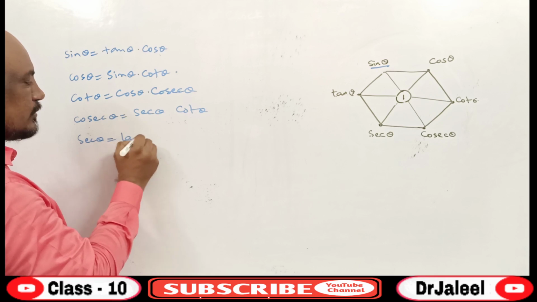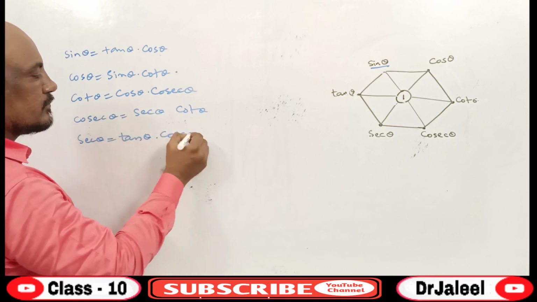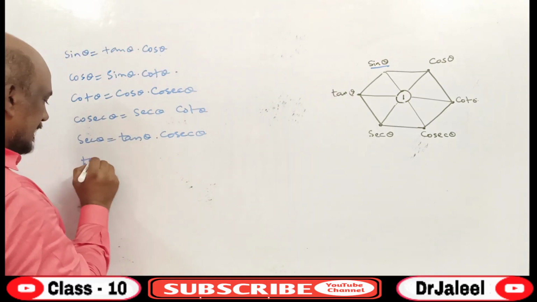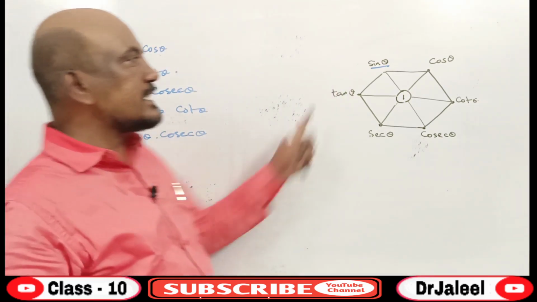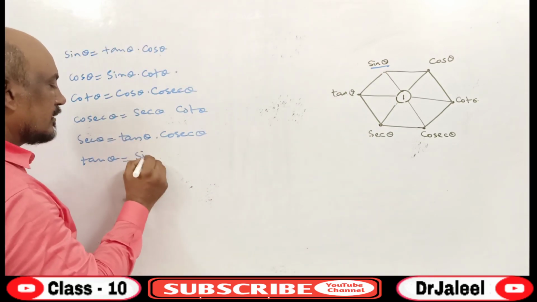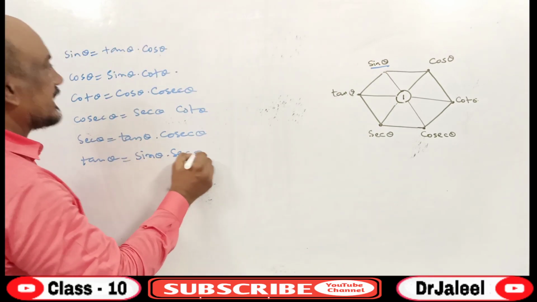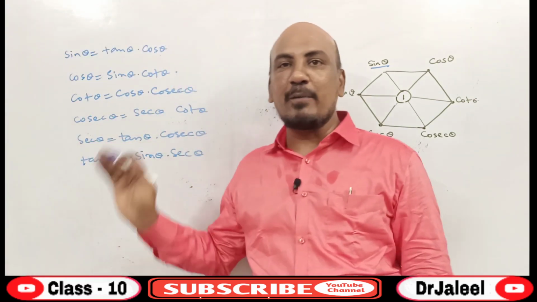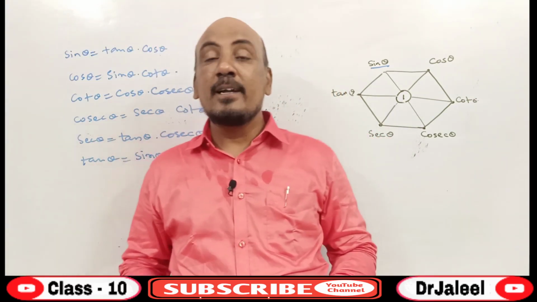Sec theta is equal to tan theta into cosec theta. What about tan theta? Tan theta is equal to the product of its neighboring ratios, sin theta into sec theta. Again we got 6 formulas by using the same hexagon.